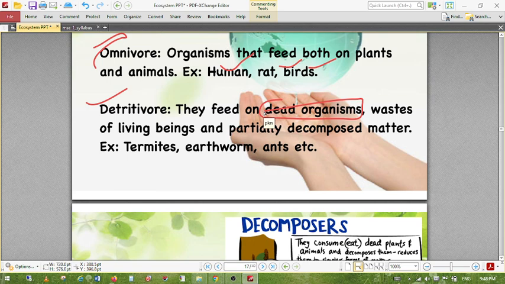Trophic level 5, the last, is the decomposers. So here this is T1, this is T2, this is T3, this is T4, and after that T5, the decomposer.